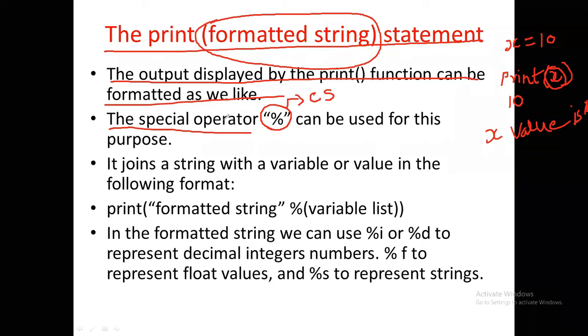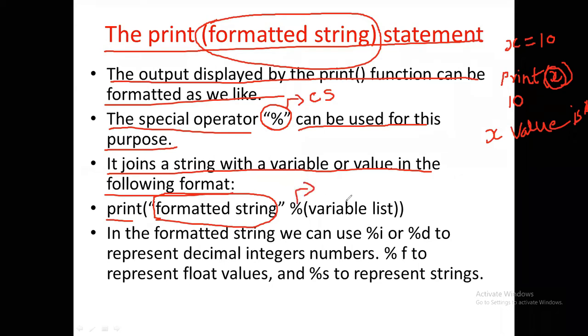It joins a string with a variable or value. This is the syntax: print, the formatting string, then the percentage symbol, and you specify the variable list here.